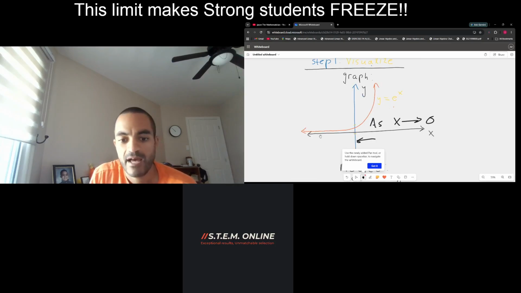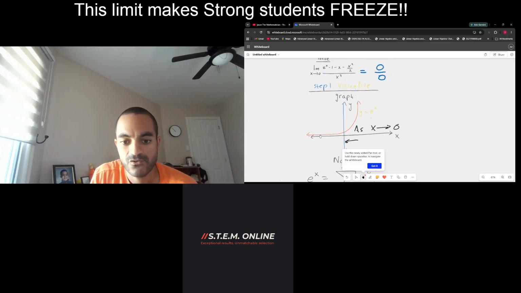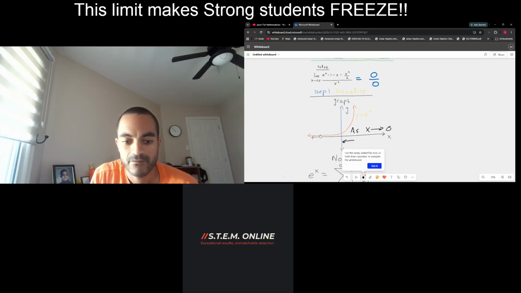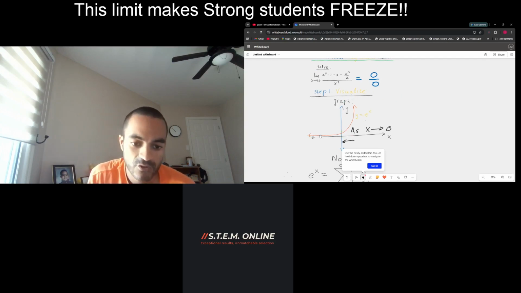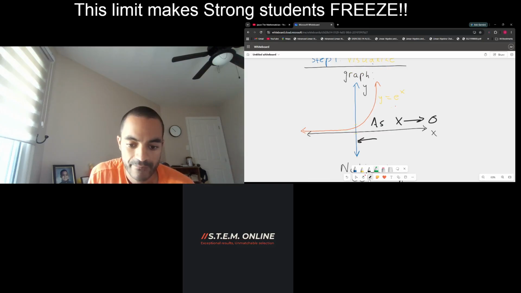Once you make this graph, you'll notice the behavior, as I mentioned earlier, as x approaches 0. We start getting to the y-axis, and then after we pass that, you'll notice we get negative values, all past x is 0.